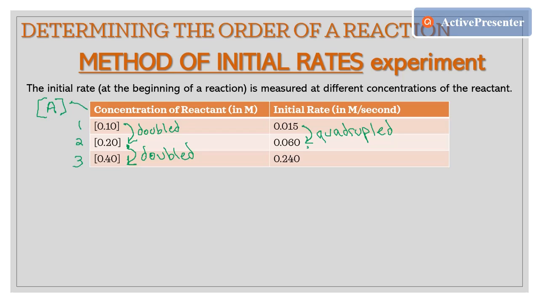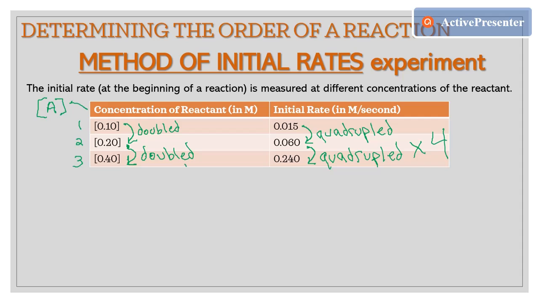We go from experiment 2, where the initial rate is 0.060, and as we doubled the concentration, the initial rate quadrupled, because 0.060 times 4 is 0.240. So it quadrupled, it times 4.